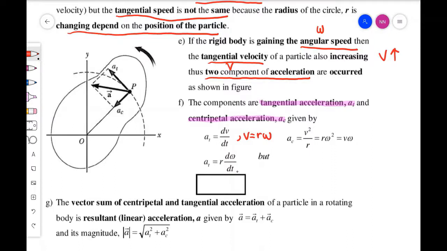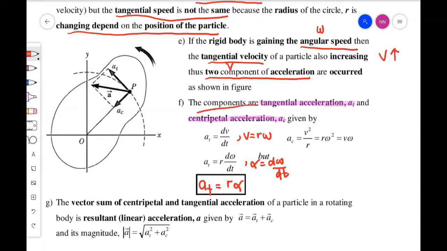Okay, d omega per dt ni adalah alpha. Alpha equals d omega per dt. Alpha ni adalah simbol untuk angular acceleration. Jadi kita dapat equation untuk tangential acceleration equals r alpha. Okay, so ini adalah tangential acceleration.